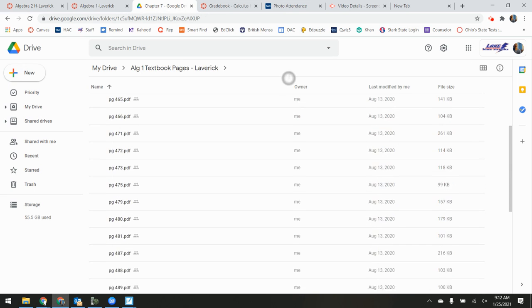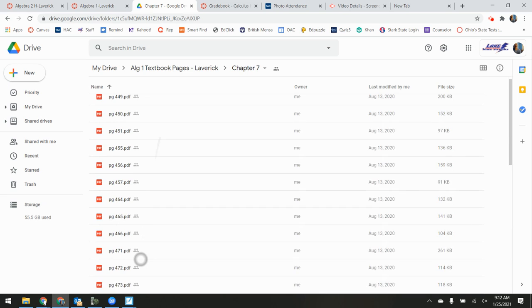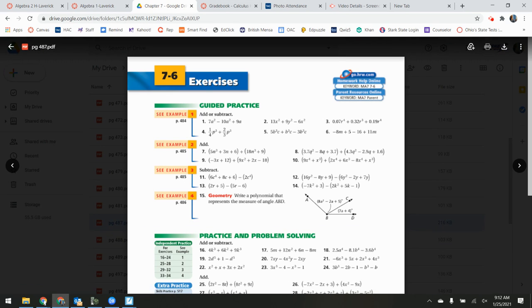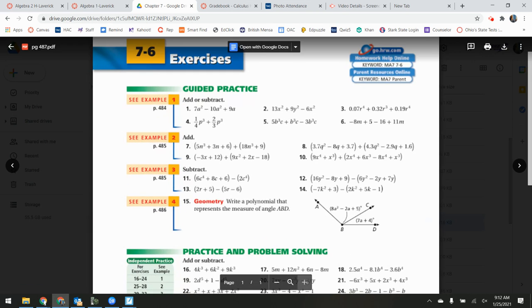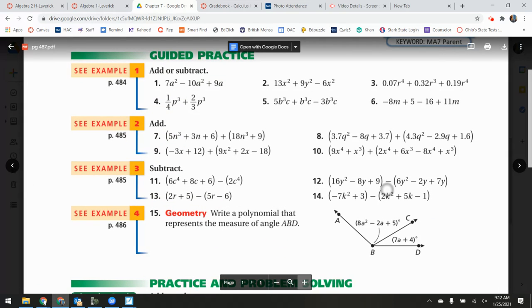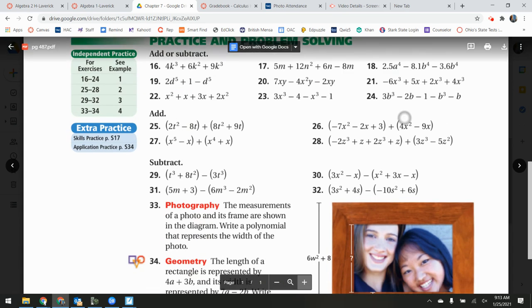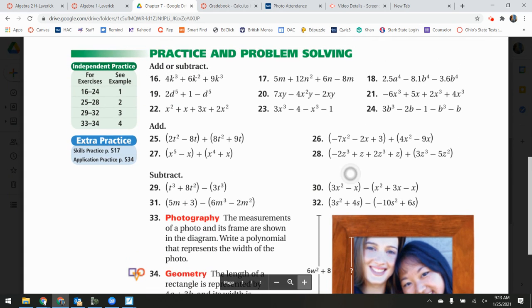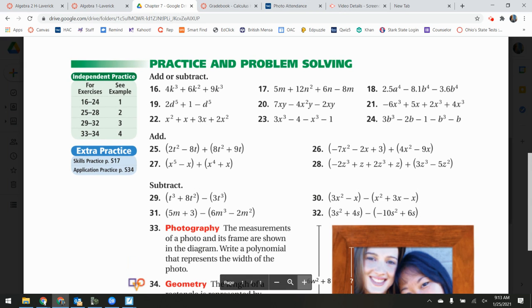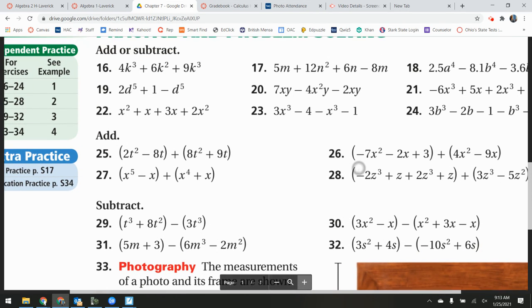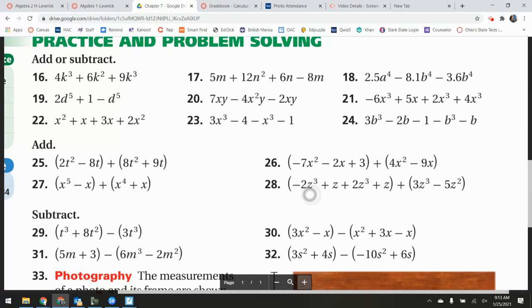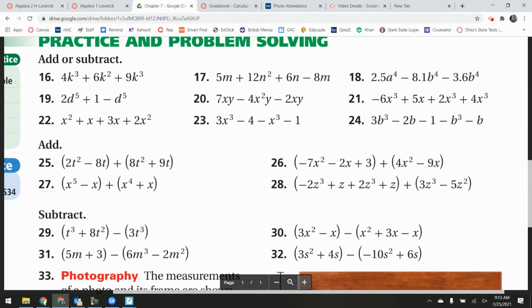Because honestly, it's just combining like terms, so you might be able to get a portion of this done right now. 16 to 24 even down here. 25 to 34. Well, I'll just leave it right here. Look, you could get a bunch of that done right now.